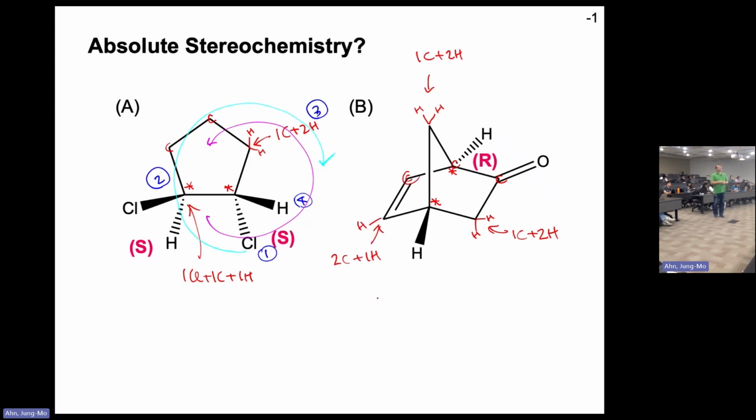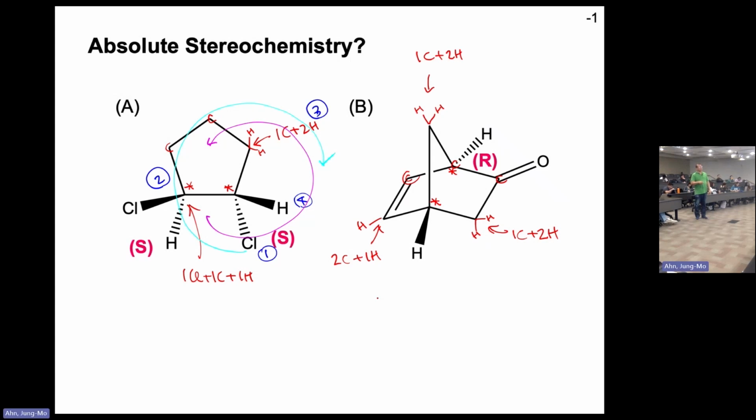This carbon has one carbon and two hydrogens. You might think they tie. This carbon has one carbon and one hydrogen. If you don't count the double bond, you won't find which is one or two. But since it is double bonded, we need to consider the carbon twice. So two carbons and one hydrogen, that's what we consider it as. That's the reason this gets number one priority.